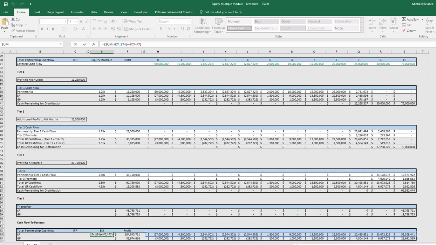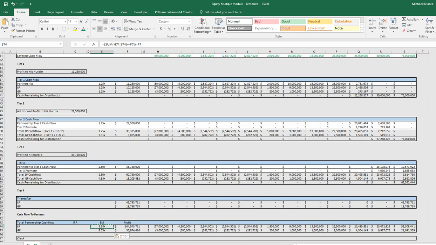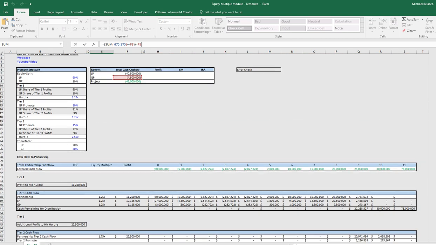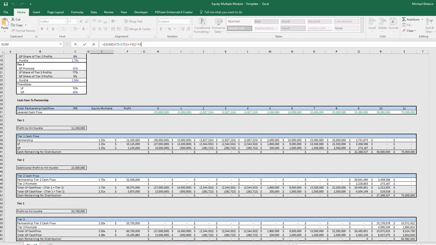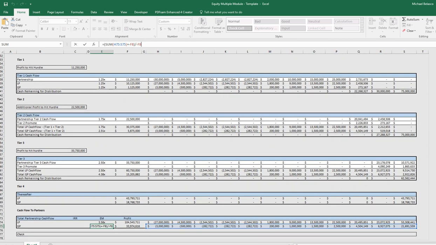And let's see what happened. I forgot a parenthesis. Let's add that in, and then let us copy and paste this down. And this should be correct. Let's go up and double check. Yep, so we have the GP's equity contribution within the formula now for the GP.